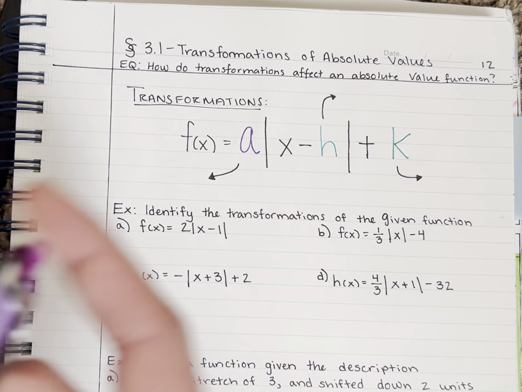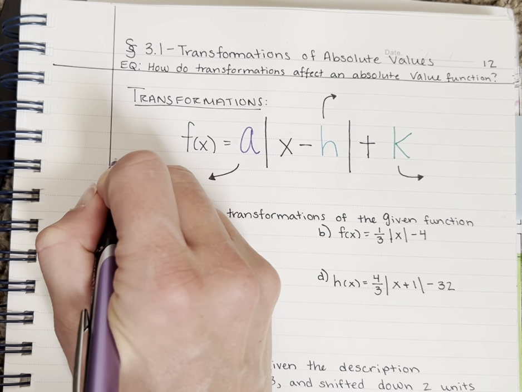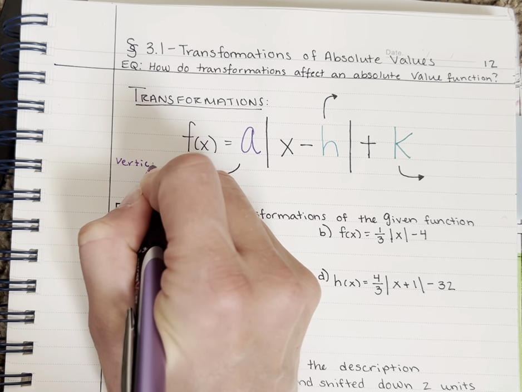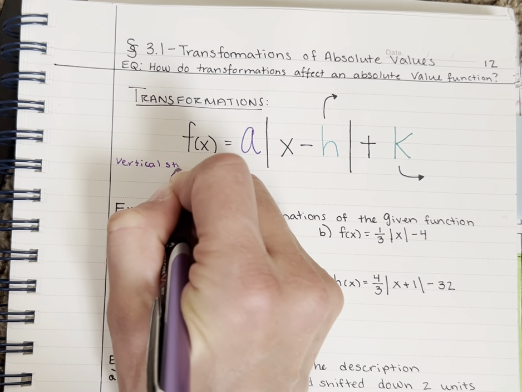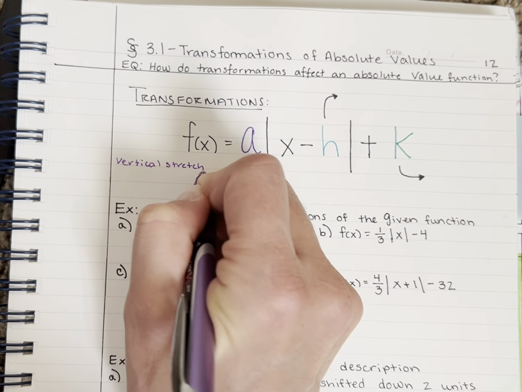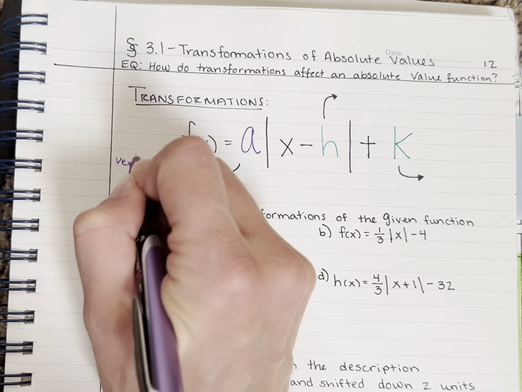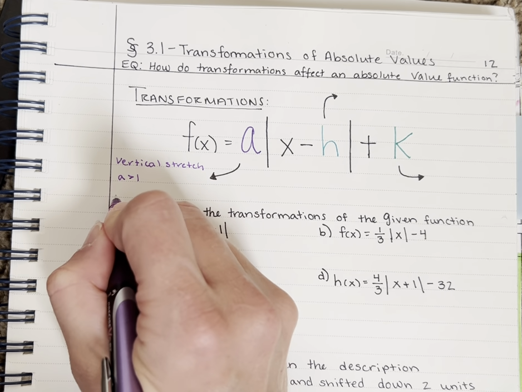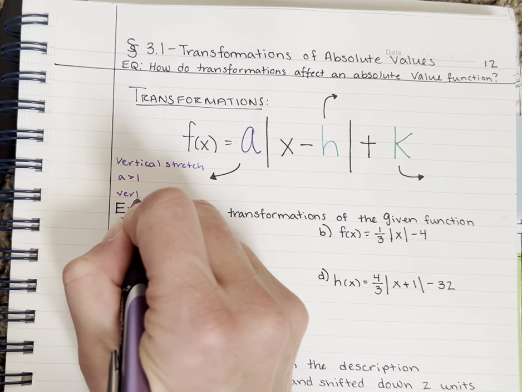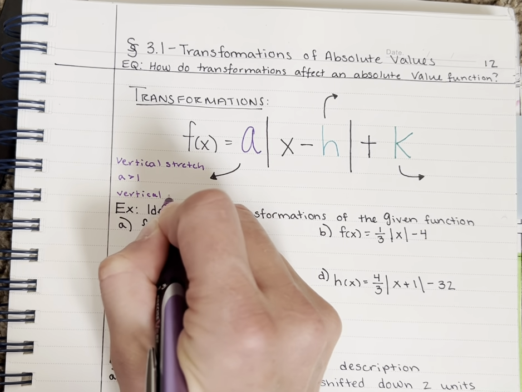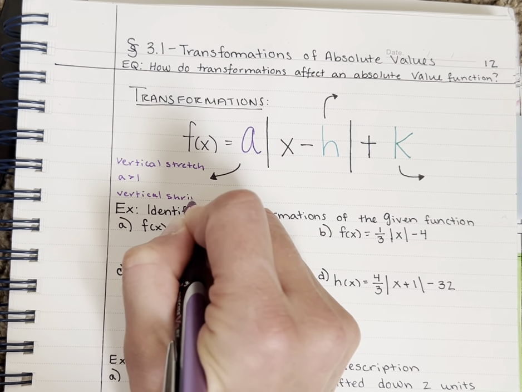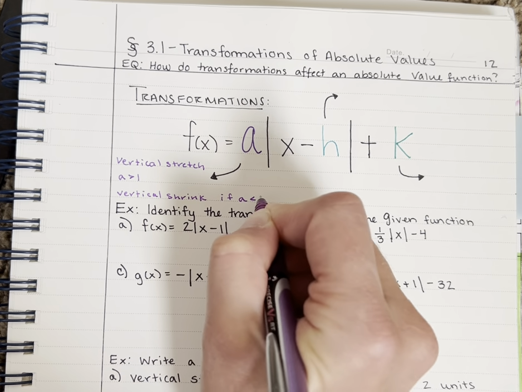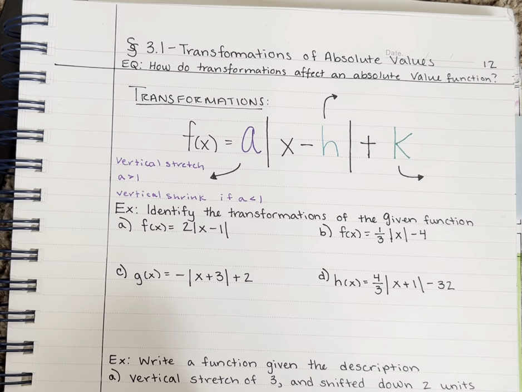A, for example, is going to represent a vertical stretch if A is bigger than 1, and a vertical shrink if A is less than 1, okay?